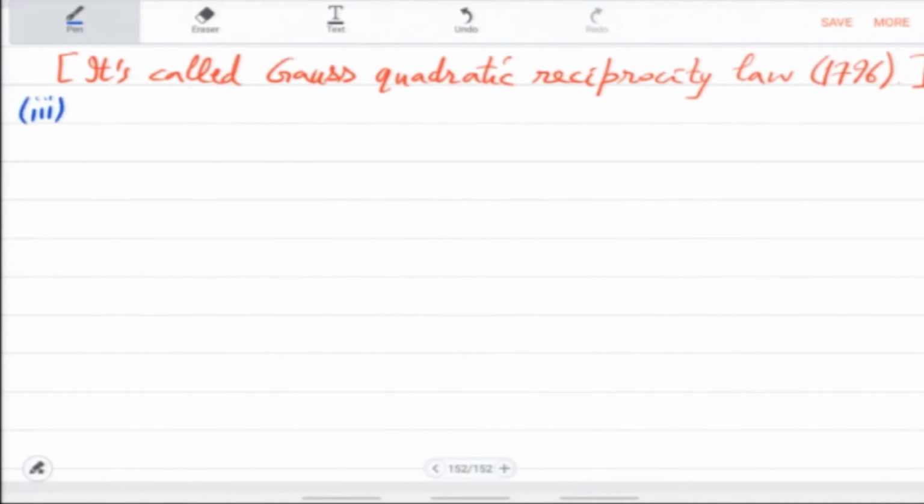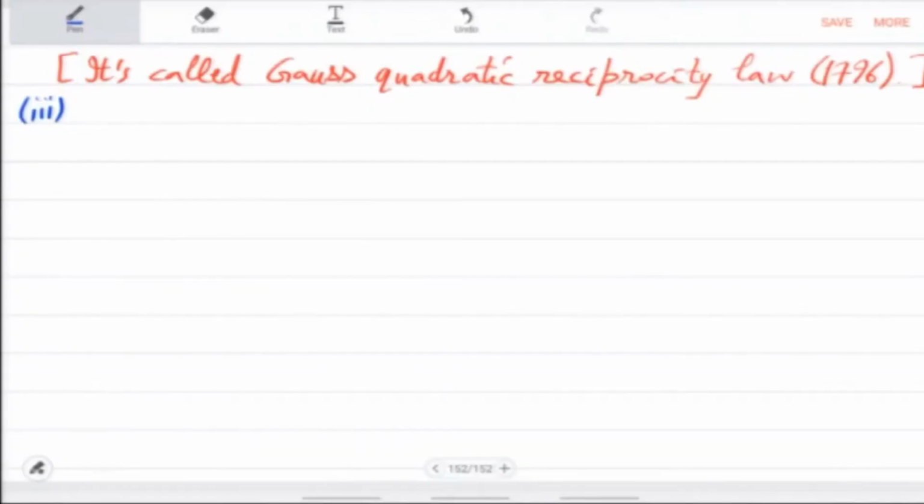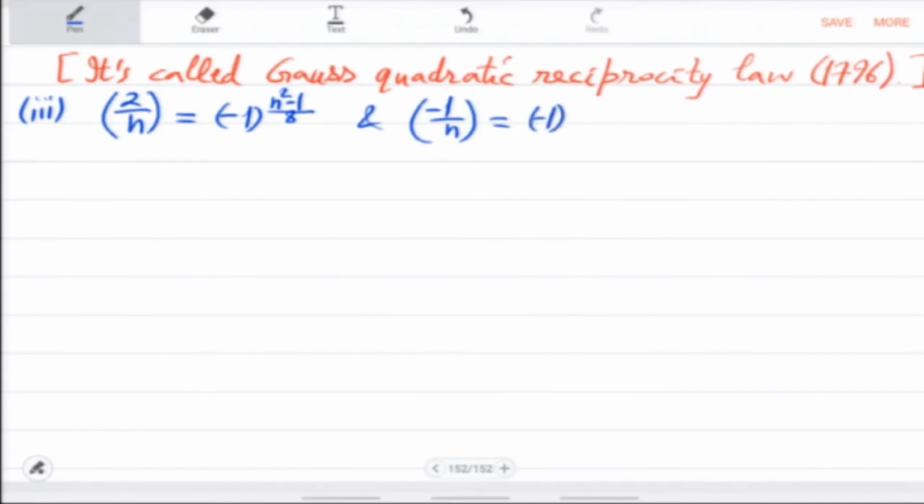The third property is based on when 2 is a square modulo a prime and when minus 1 is a square modulo a prime. You can work it out and you will find that 2 by n is minus 1 to the n squared minus 1 by 8, and minus 1 by n is minus 1 to the n minus 1 by 2, for any odd n.